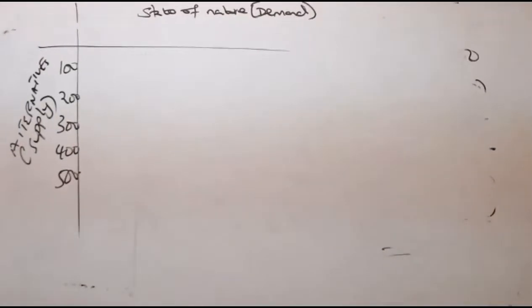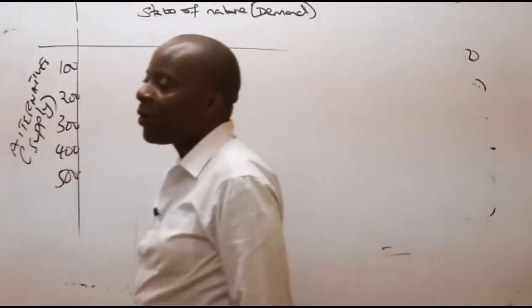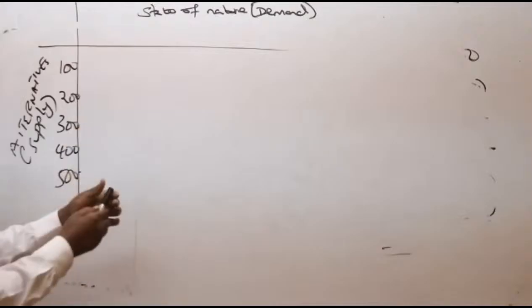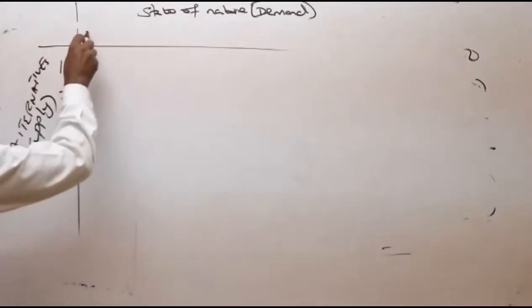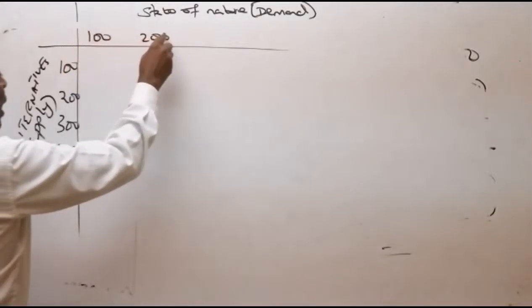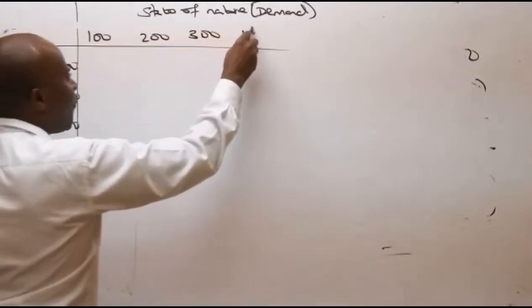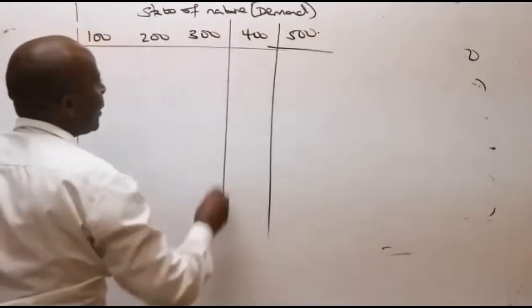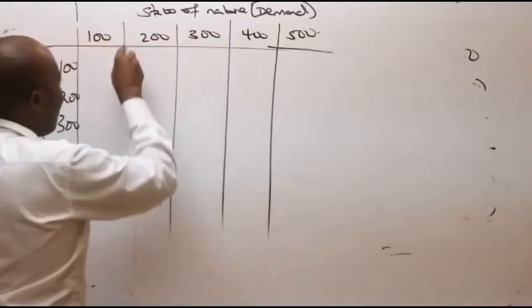So the same supply figures that you have here will be the same demand figures we put there. So here we are going to put 100, 200, 300, 400, and then 500. Then what we're going to do is to have our cells.